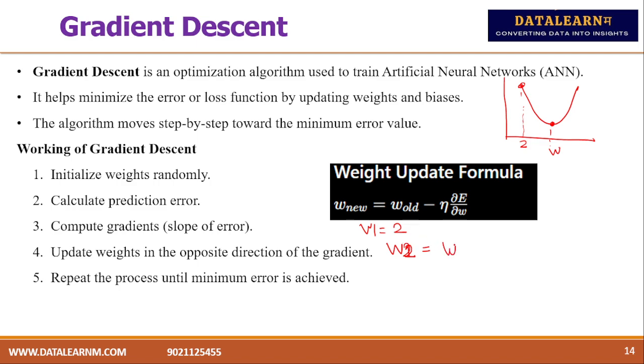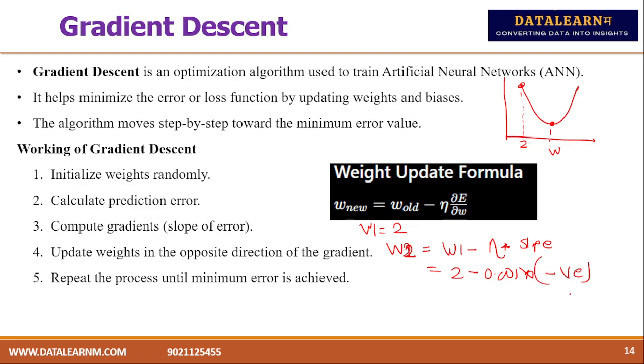Second value of W will be W1 minus eta into this slope, correct? So W1, what is the value of W1? That is 2. Yes. 2 minus 0.001 something, and this slope value is negative on this side.